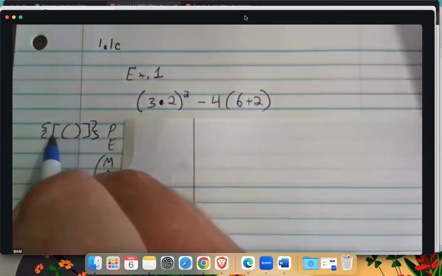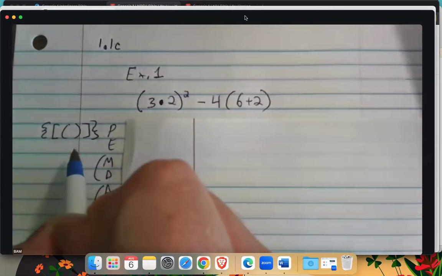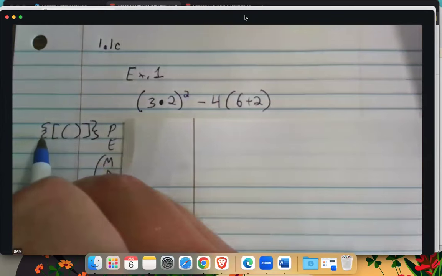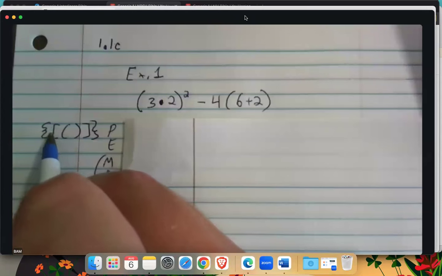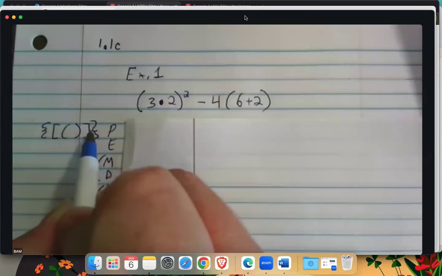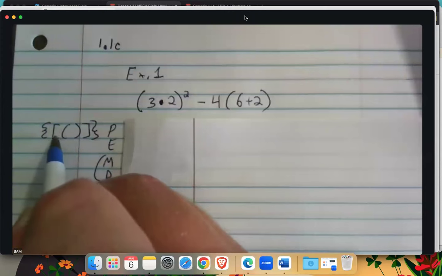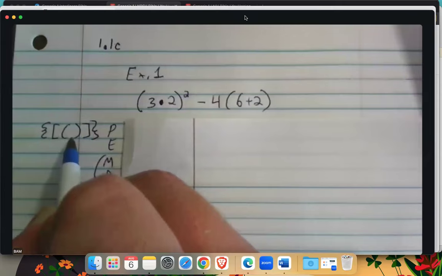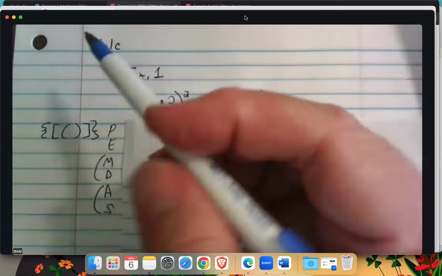You could have parentheses, brackets, or curly braces, and sometimes other grouping symbols too. The curly braces depend on the context because they're also used for set notation. The brackets depend on context because they can be used for other things like matrices, and the parentheses also depend on context because they are often used for points, function notation, and so on.